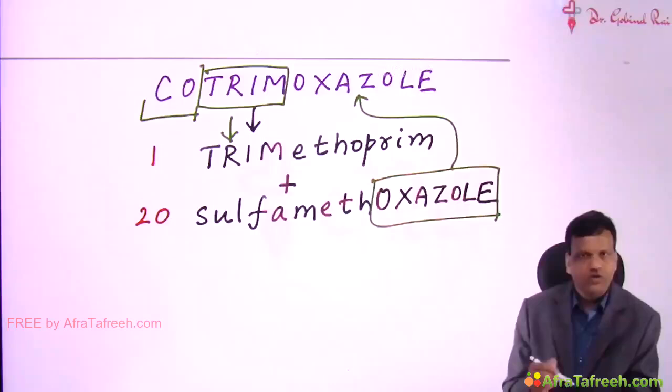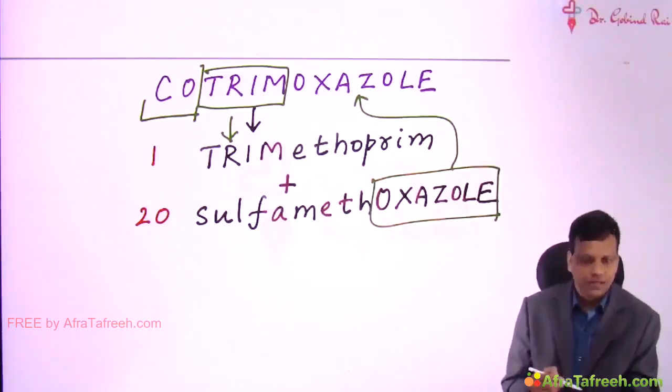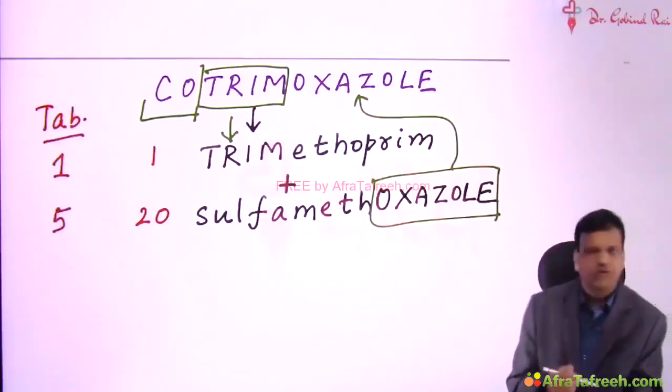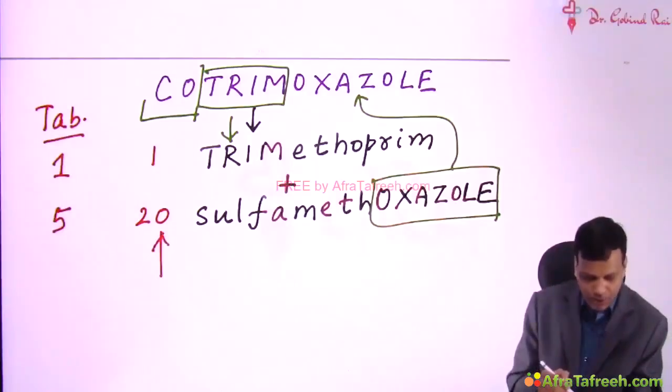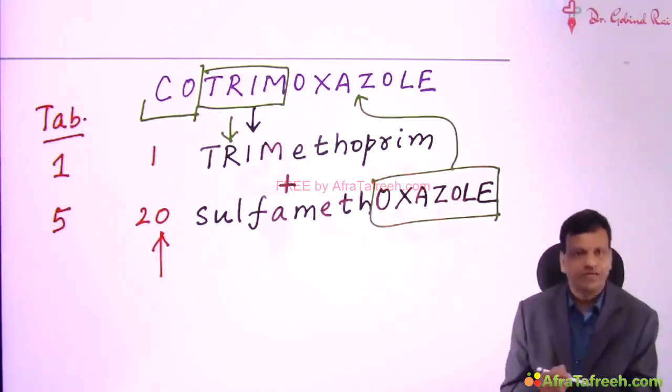The reason is these two drugs have different pharmacokinetics. So we want a 1:20 ratio in the blood. So we changed the ratio in the tablet to get the ratio which we wanted in the blood. So we make a tablet which contains them in a ratio of 1:5. So remember, the ratio we want in the body is 1:20, but for that, in the tablet we give them in a ratio of 1:5.